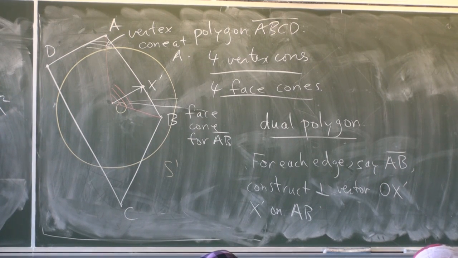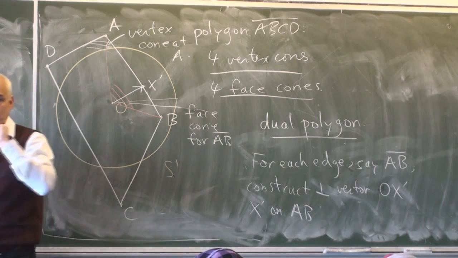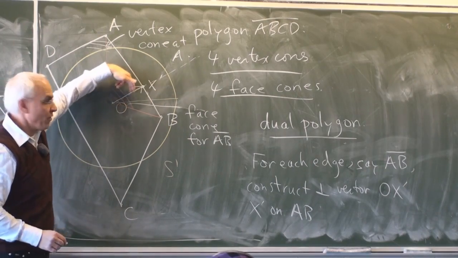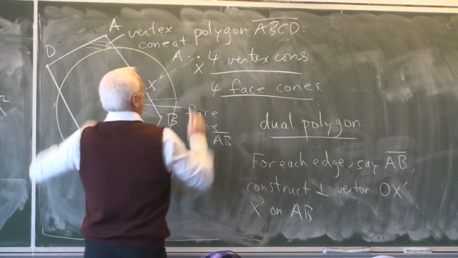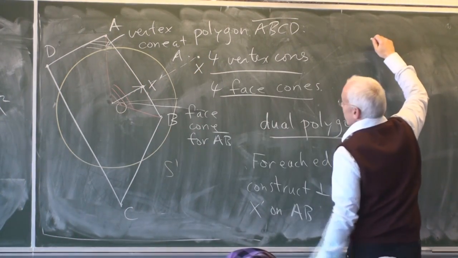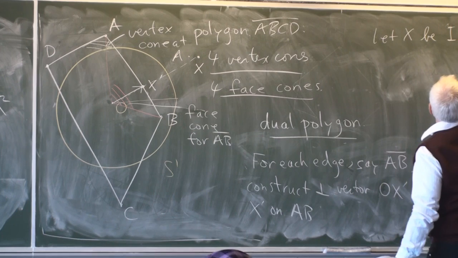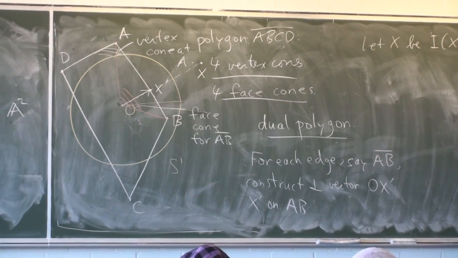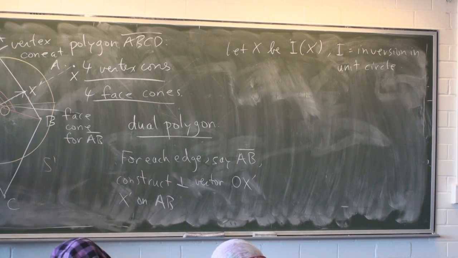And now I'm not going to use that X prime. I'm going to use a different point. I'm going to invert that point in the circle. You remember when we talked about inversion, I talked about this process of inverting in a circle. So there's some other point, in this case X, which is the inverse of X prime with respect to the unit circle. So now we let X be I of X prime, where I is inversion in the unit circle. All right, and we can do that for each of the edges.